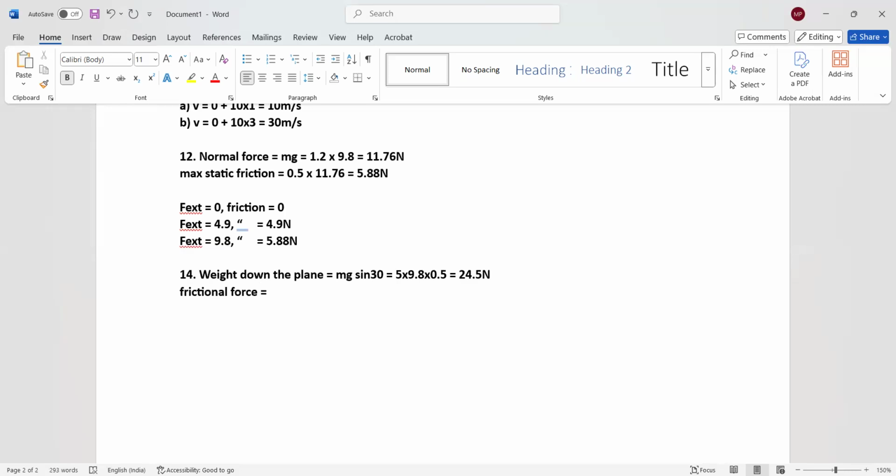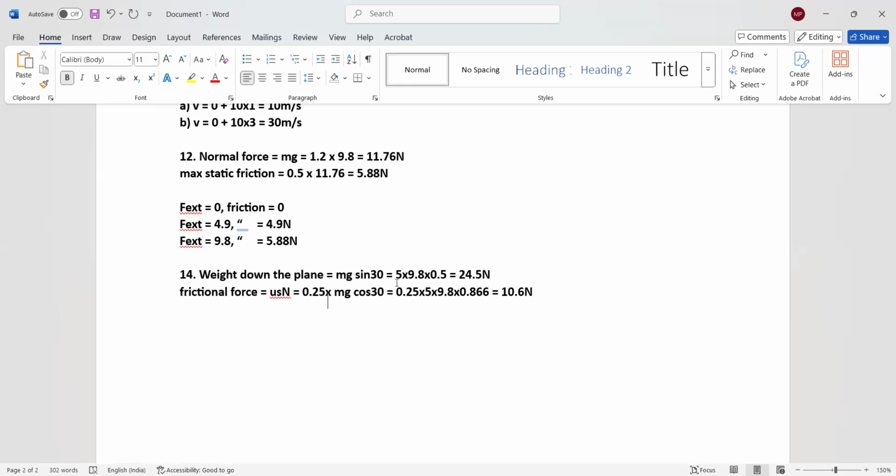Now frictional force is equal to mu N, that is 0.25 into mg cos 30, which is equal to 0.25 into 5 into 9.8 into 0.866, which is equal to 10.6 Newton.